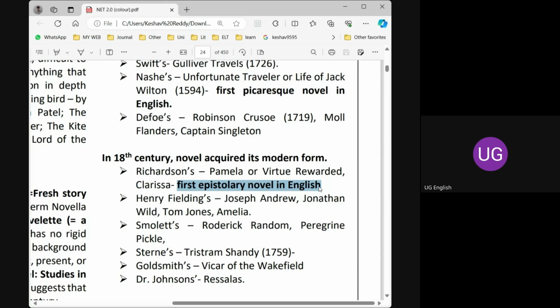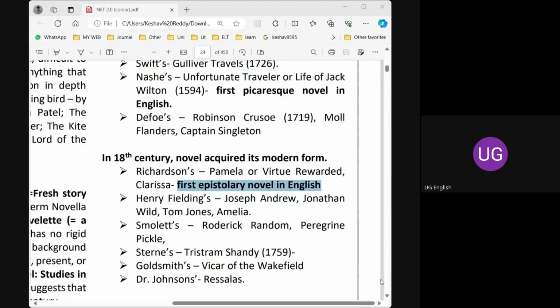What is the meaning of epistolary? Anyone? Any guess? Please type it in the chat. In the form of letters. Yes, exactly. The word epistle means letter.